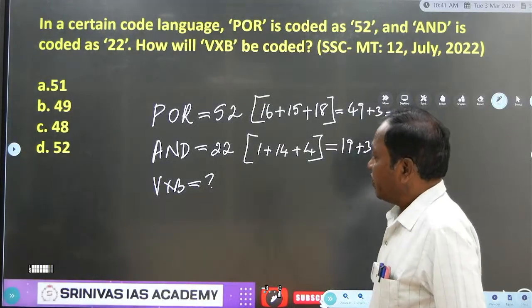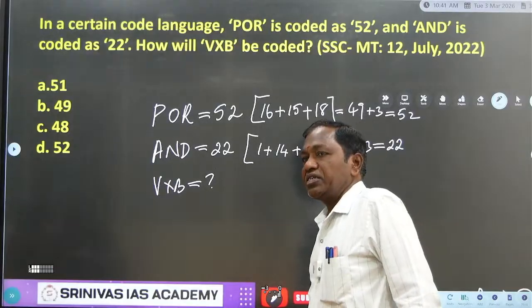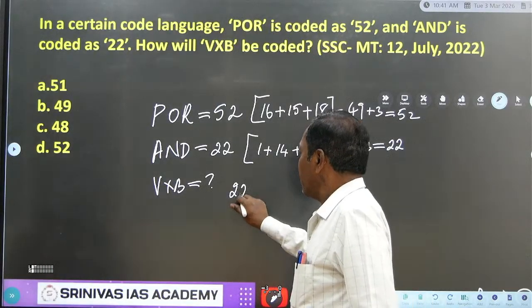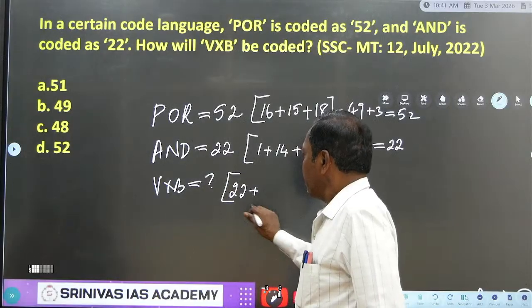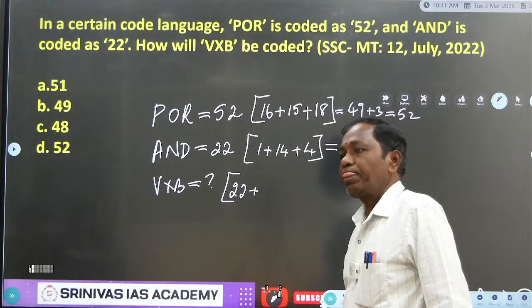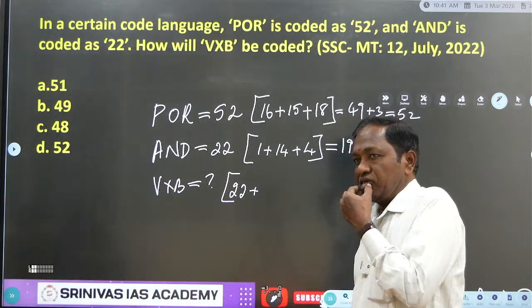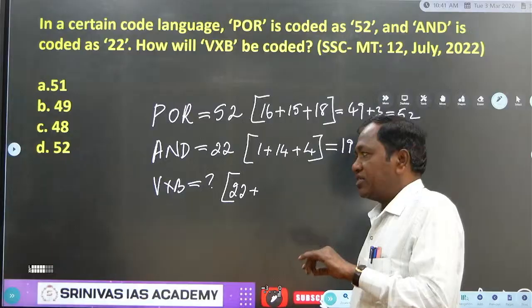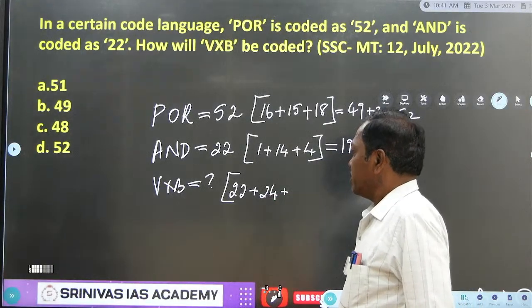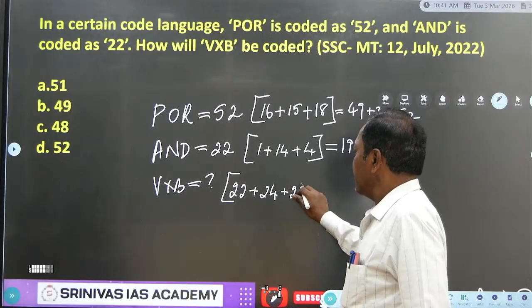Right. And VXB: T is the 20th letter, U, V is 22, plus X. What is the position of X in the alphabet? T, U, V, W, X, 24, plus B is 2.